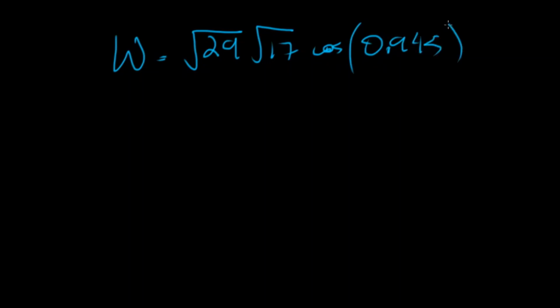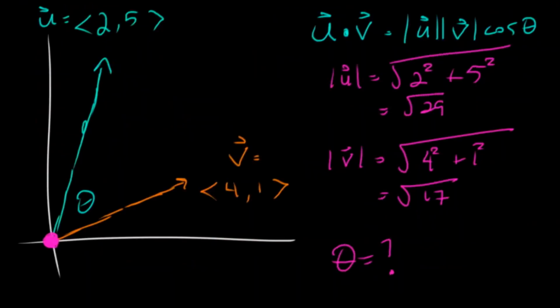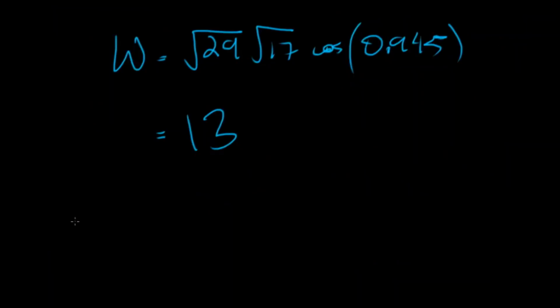This is where I say my obligatory, make sure you are in the right mode in your calculator. The work being done here is 13. Exactly. That is real nice. 13 is the work that's being done, is the dot product of the two vectors 2, 5, and 4, 1. All right, let me jump back here.